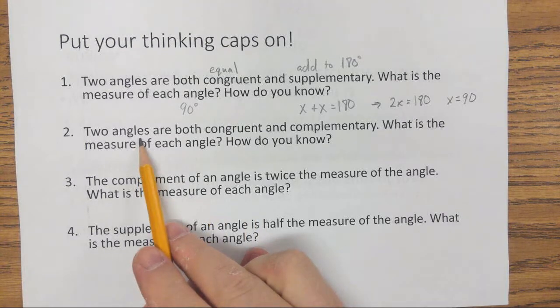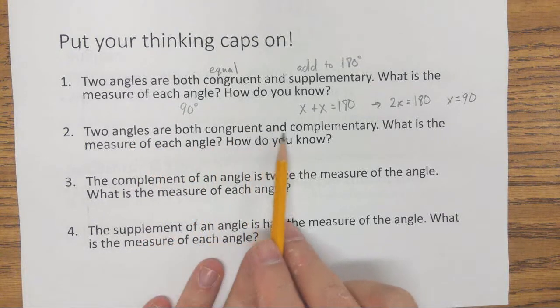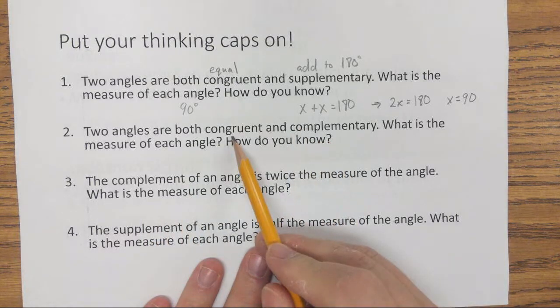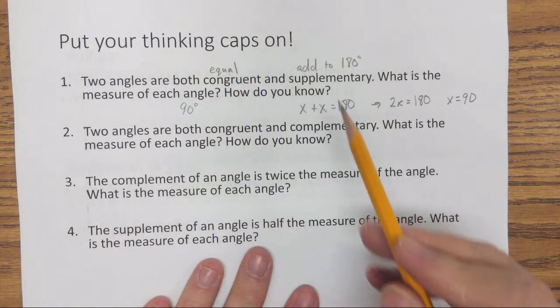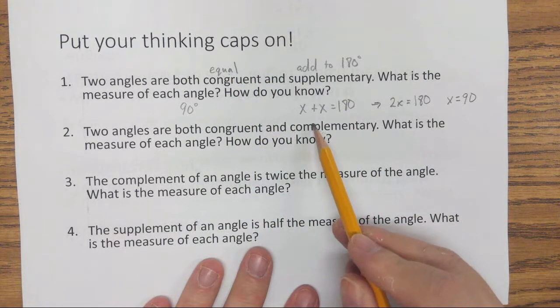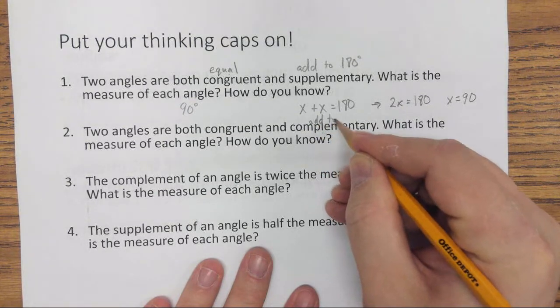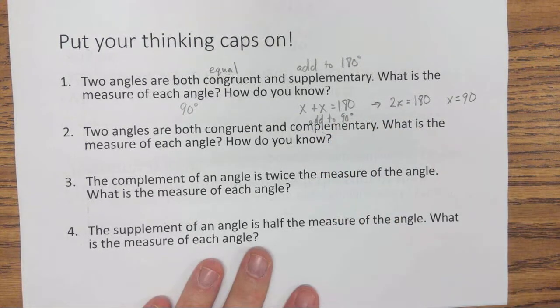Alright. Now look at this one. Two angles are both congruent and complementary. What is the measure of each angle? This one's a little harder, but I know that congruent means equal, and complementary means that they add to 90 degrees.